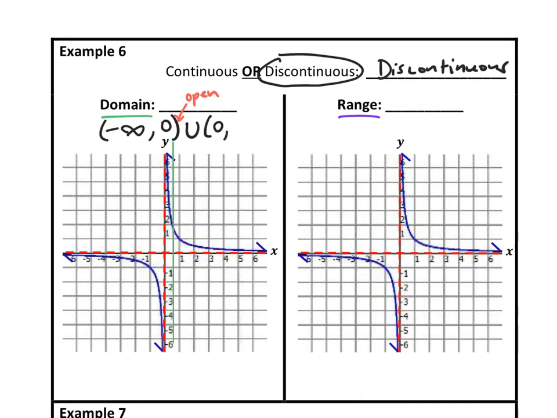And so we keep scanning, going towards the right, towards the right, towards the right. How far to the right do we go? We go towards positive infinity, and then parentheses. Just a reminder, we put parentheses here because it was open.